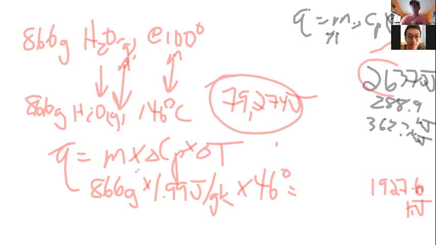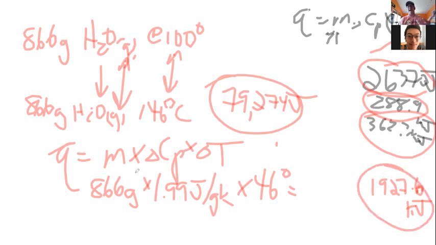So now I got 5 numbers: 1, 2, 3, 4, 5. Those are all 5 numbers that we've calculated. That's the amount of heat to increase the ice from minus 15 to 0. Then we had to melt it. Then we had to increase the temperature of the water to 100 so we could boil it.